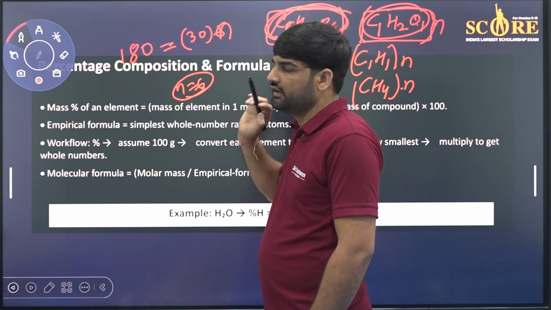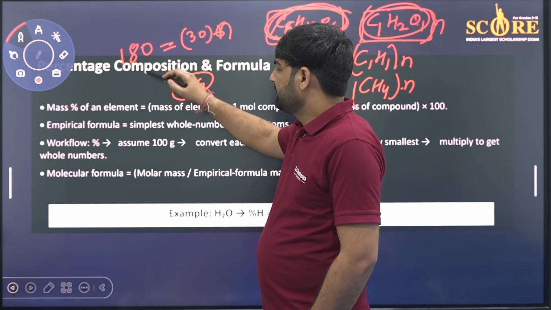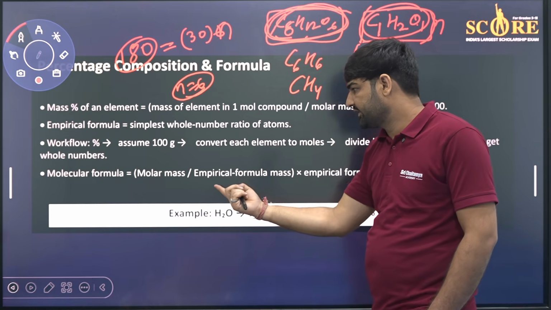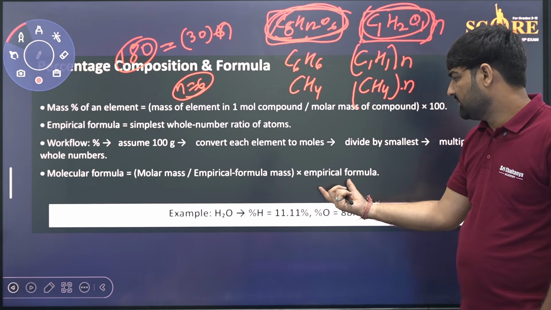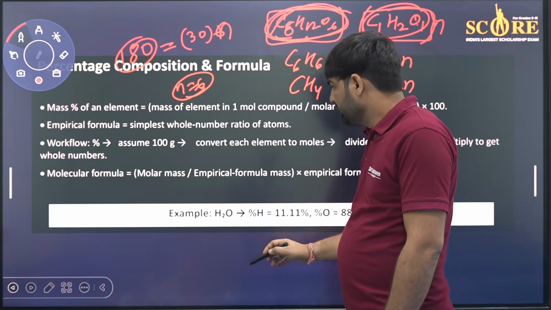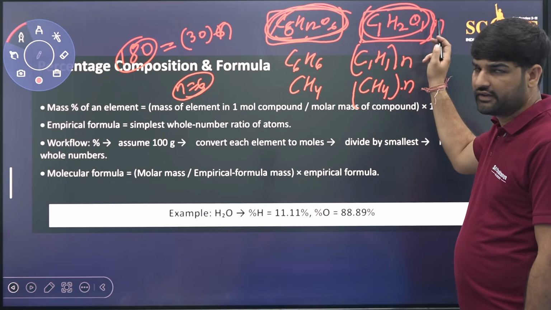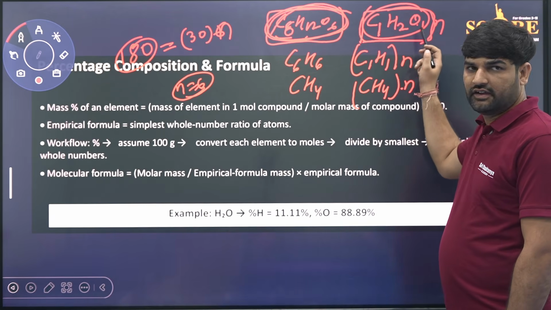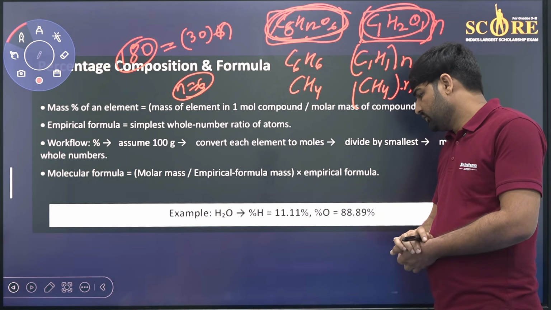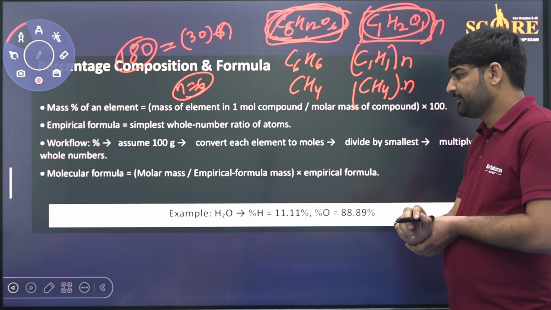It means N can be calculated by dividing molar mass by empirical formula mass. Then you can understand how I can write this formula. If you calculate N, then you write the empirical formula multiplied by that number N, and you will get the molecular formula. So we can calculate with an example.